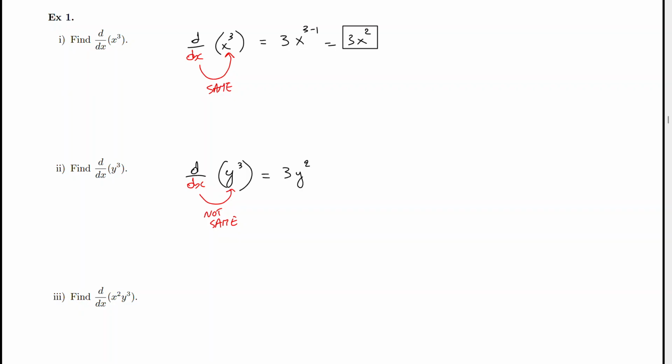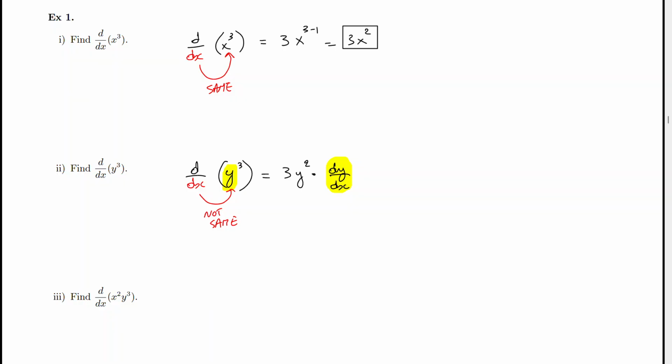But because the variable that we're differentiating, y cubed, is not the same as the variable in the denominator, dx, we add an extra dy over dx. This represents basically what we did in the chain rule as the derivative of the inside. We're thinking of the letter y as being a function that has a lot of x's in it.